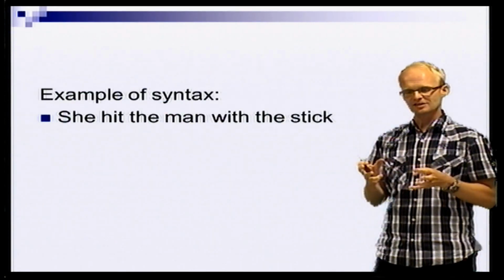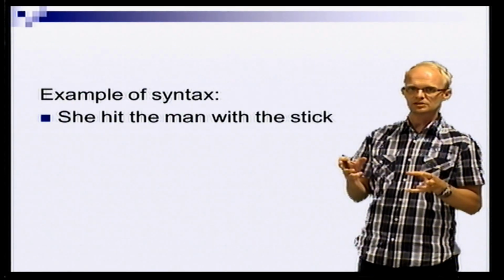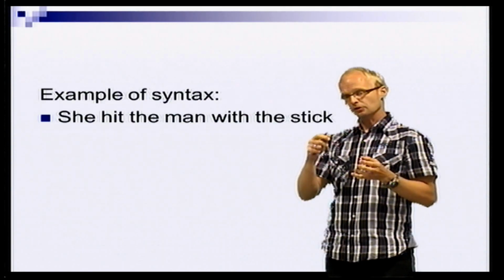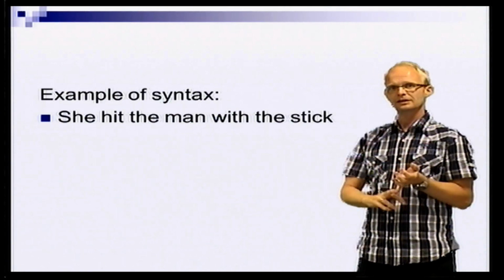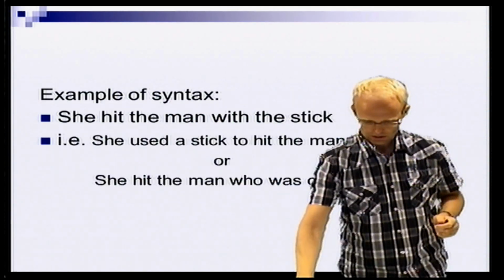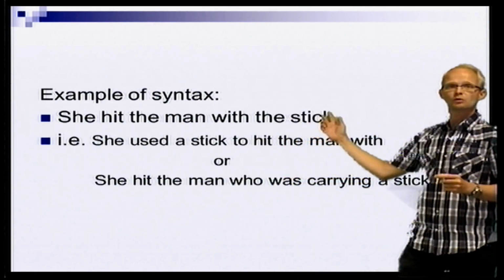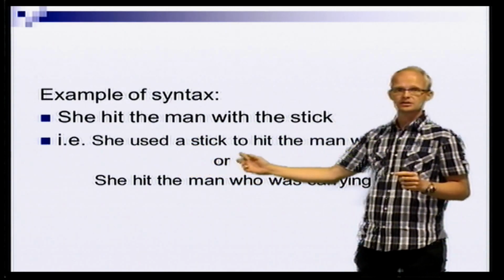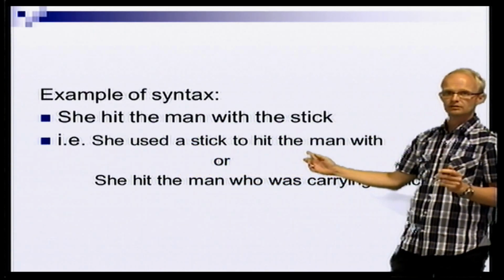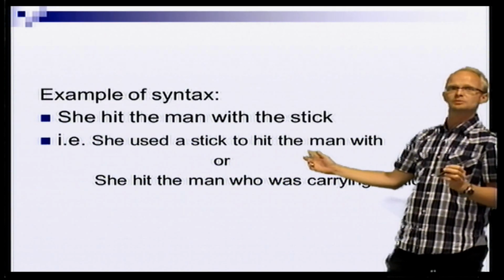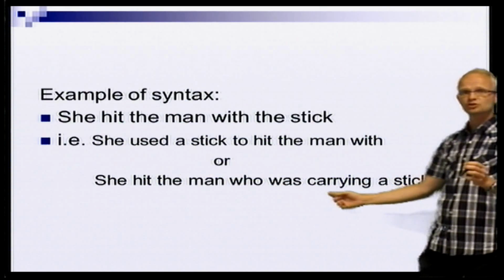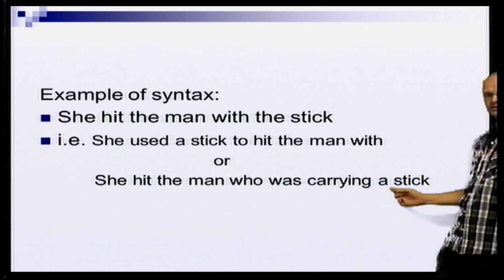If you analyse the sentence, you may be able to see that the sentence can mean, firstly, that the woman or the girl used a stick to hit the man with. Or it can mean she hit the man who was carrying the stick.